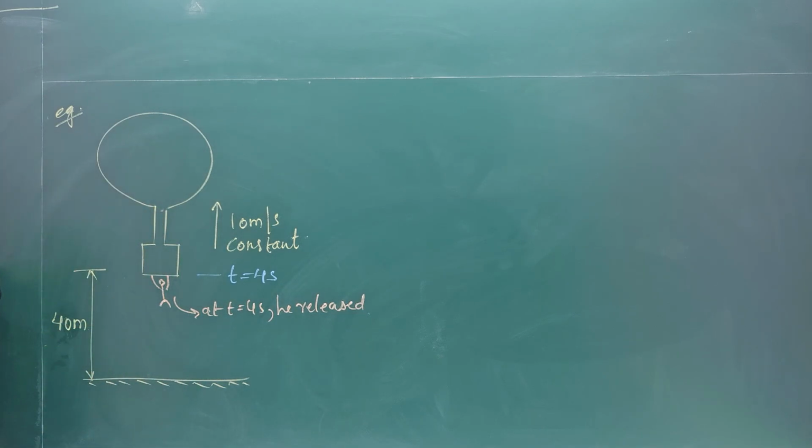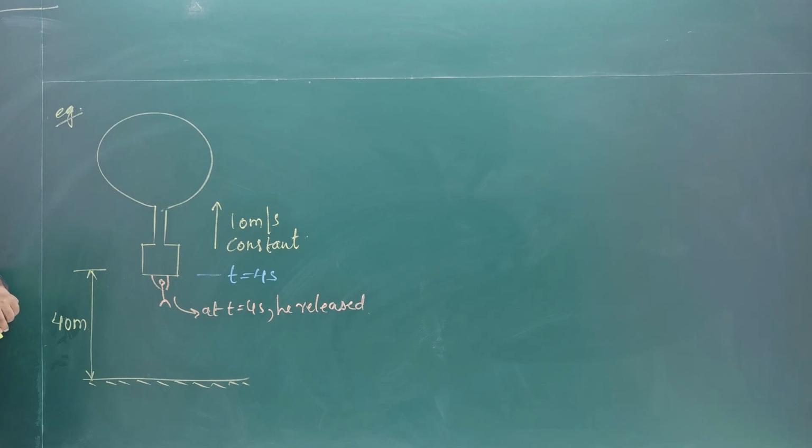So can I say that at 40 meter of height, or at time t is equal to 4 seconds, from a balloon which is going with a constant speed of 10 meter per second, the man releases himself. Okay, till here? Okay. Now the question is, find out the time period when the man hits the ground.